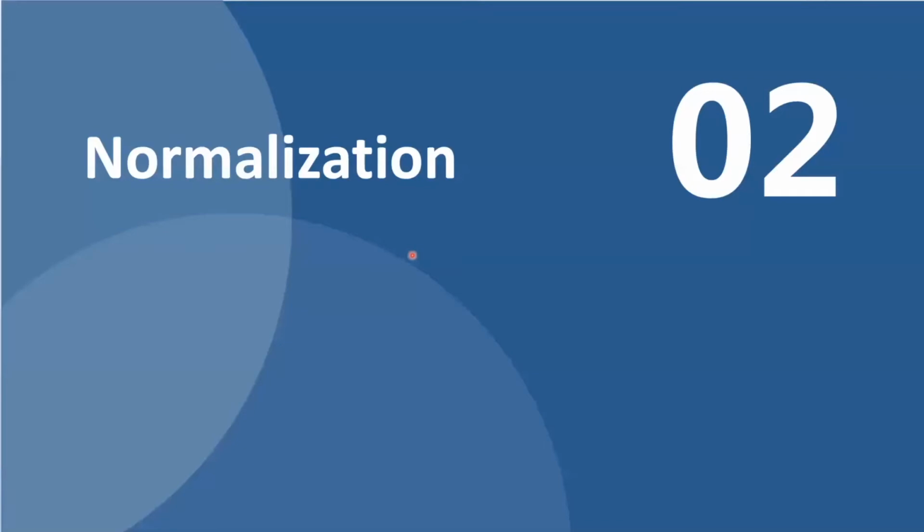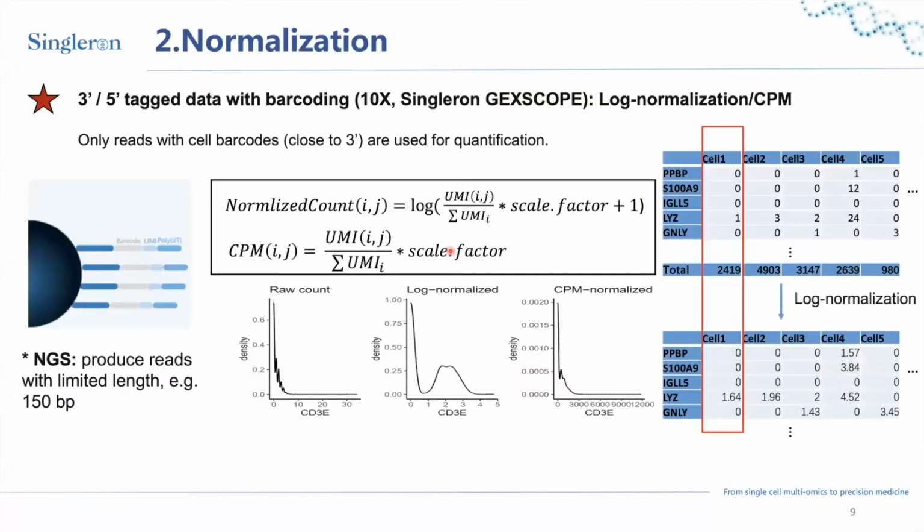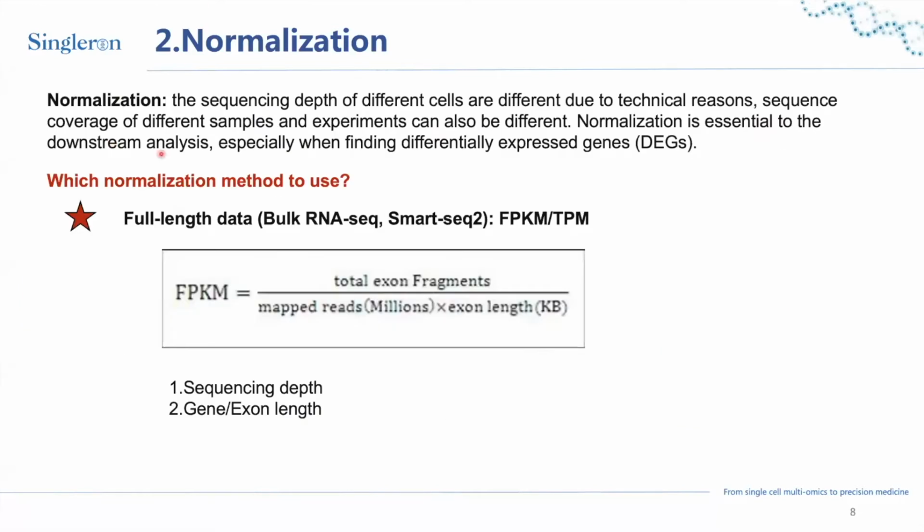So after that, we're going to do the normalization for the raw count data. Normalization is an essential part because the sequencing depth of different cells can be very different due to technical reasons. And sometimes when you integrate different samples together, the sequencing coverage of different samples or experiments from different batches can be very different.